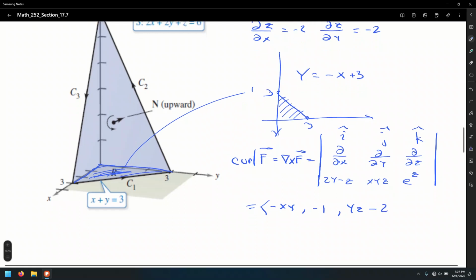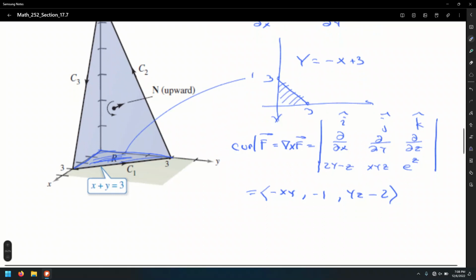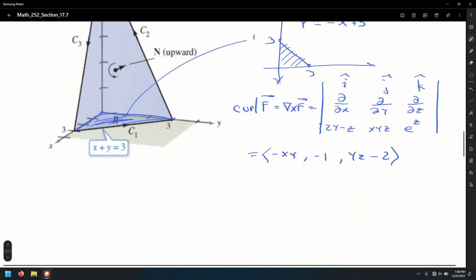All right? And so that's the second part. Now the third part is to actually evaluate the line integral, but in this case via the surface integral. So number 3, that's the integral over C of f dot dr equals the double integral over R of the curl of f.